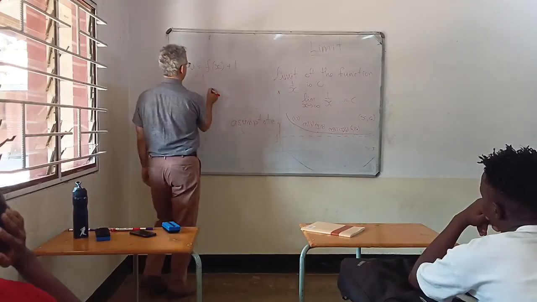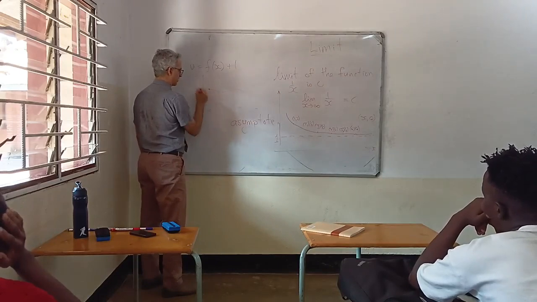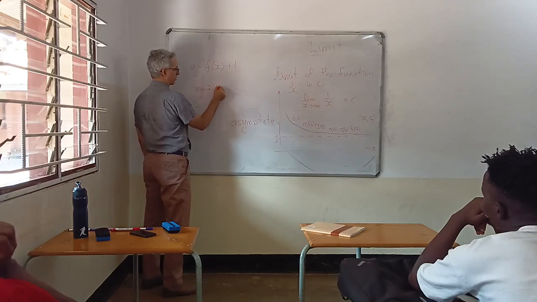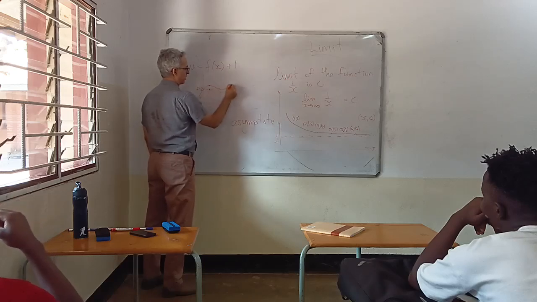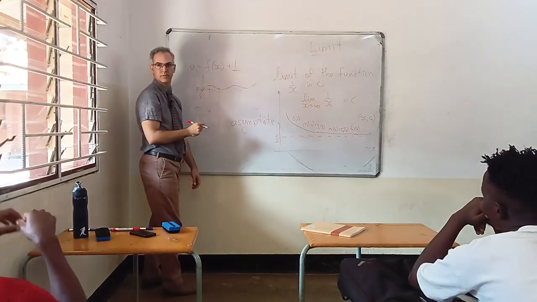It'll go up, right? If this point was x, f of x, well now it will be x, f of x plus 1. It will be here. And this one will go up by 1, and this will go up by 1, and by 1, and by 1. And the whole line just moves up by this amount.